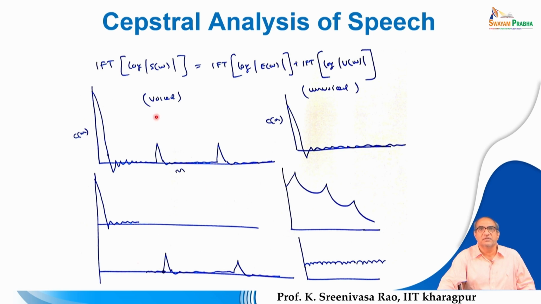That means, whatever the mod S of omega, the magnitude spectrum, if you apply a log and then compute the inverse Fourier transform, you get a signal like this, and this is known as the Cepstrum. The Cepstrum is nothing but the inverse Fourier transform of the log magnitude spectrum.